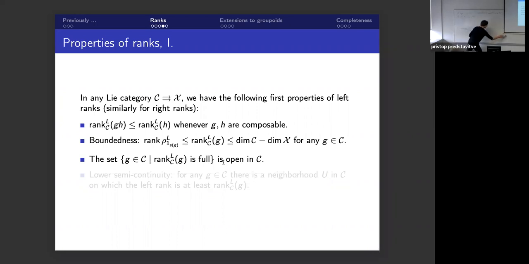So maybe, in order to clear this up, I should say what this map is. Well, this is nothing other than a linear map between these two vector spaces. And how do we see this map?